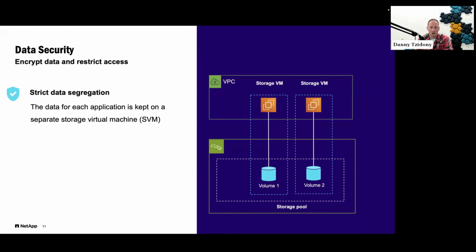First of all, one of the features there is strict data segregation. You can segregate the data on a networking level with a different IP scope with storage virtual machines, meaning you have one file system serving different tenants, different applications, maybe different organizations.